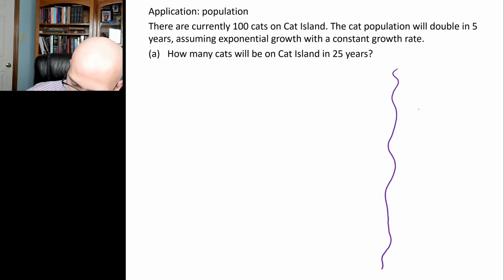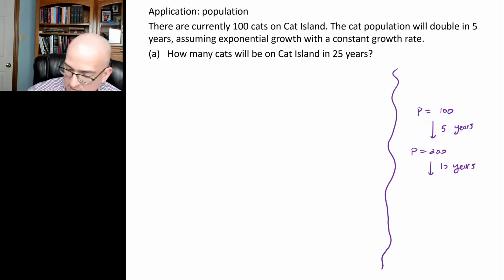So we're starting with P equals 100, and then we go 5 years, doubling every 5 years, so we're going to have 200. And then we're going to go 5 more years, so that'll be a total of 10 years. So P is equal to 400, it'll double again.